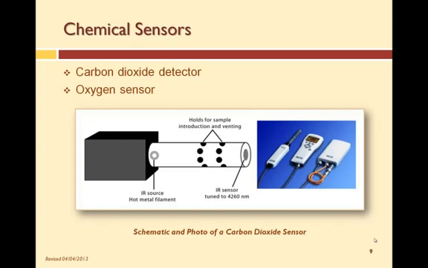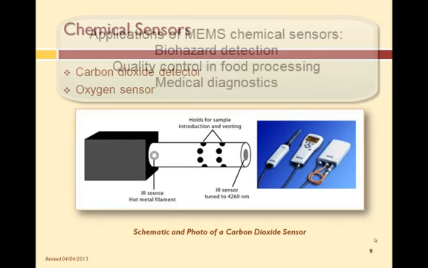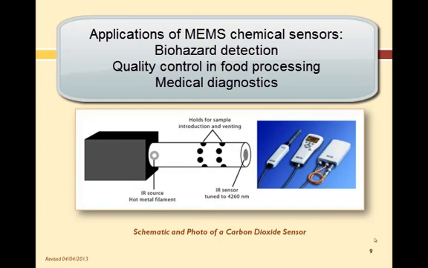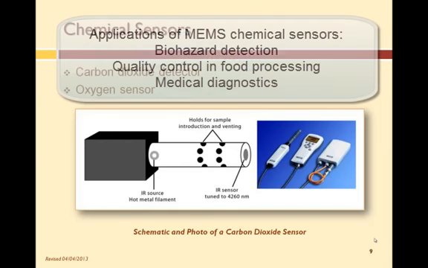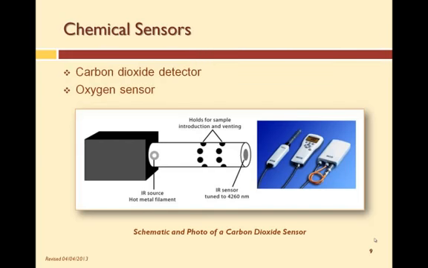MEMS sensors can also be incorporated into objects such as military clothing for continuous sensing of a gas or selection of gases. MEMS chemical sensors have numerous medical, industrial, and commercial applications, such as biohazard detection, quality control in food processing, and medical diagnostics. Such devices are sometimes referred to as an e-nose or electronic nose.